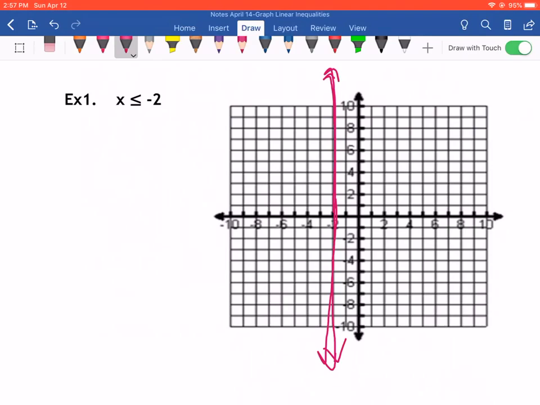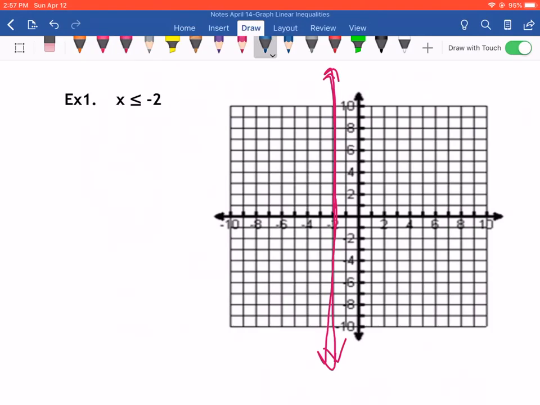If this were just x equals -2, we would stop here, but it's not. It's x is less than or equal to -2. So when we graph inequalities, we actually have to shade all of the possible solutions to this linear inequality. This linear inequality is true for all x values that are less than -2. Therefore, I want to pick a point and test it.